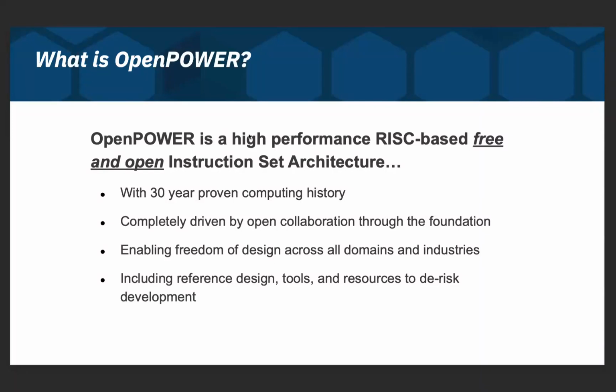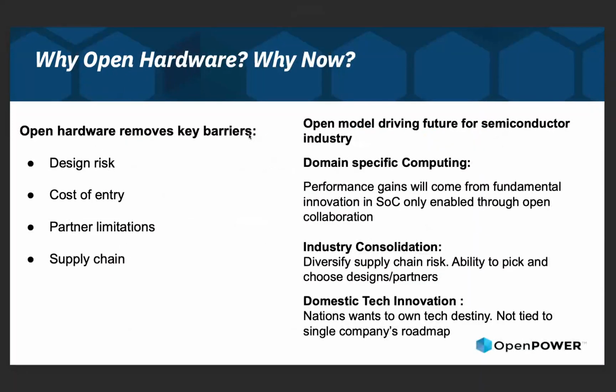To really de-risk your development process. What we're seeing in the industry in general is open hardware is really taking off. OpenPOWER, as well as other ISA architectures like RISC-V, are doing very well. The reason why is because people want to de-risk the actual development process. They want to remove some of the barriers to entry on design, on cost, as well as potentially partner limitations.